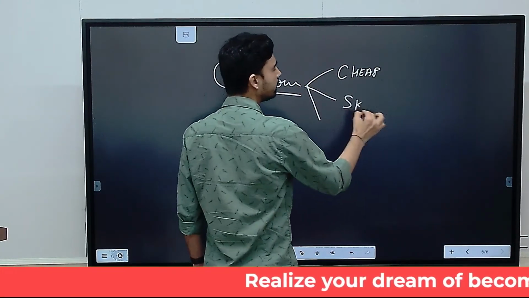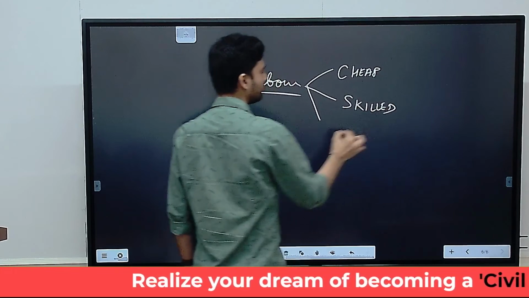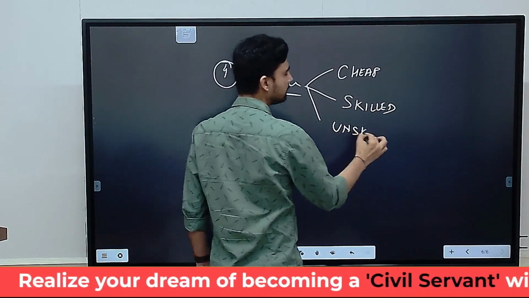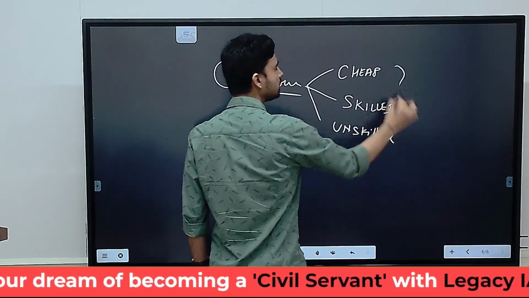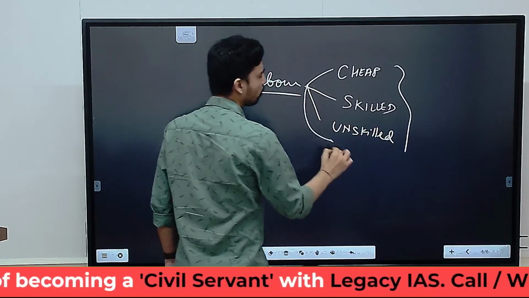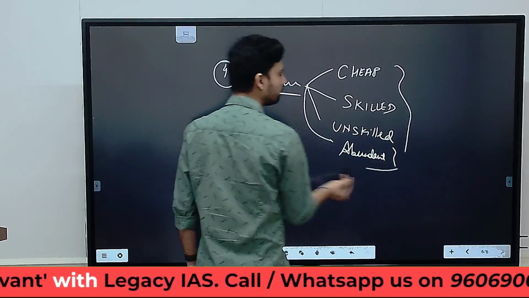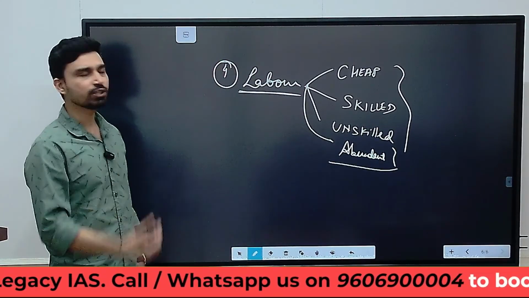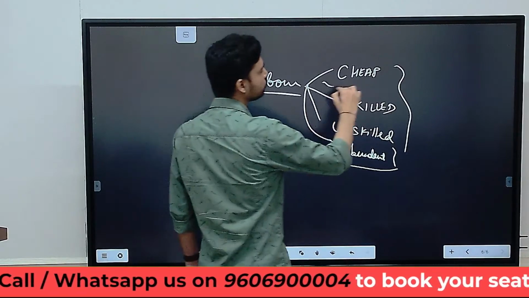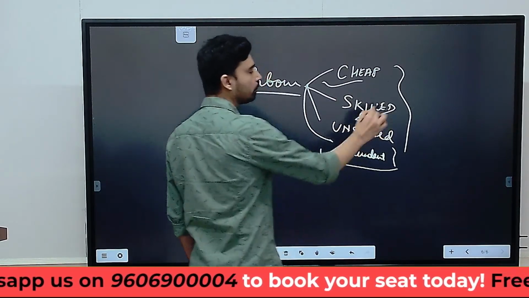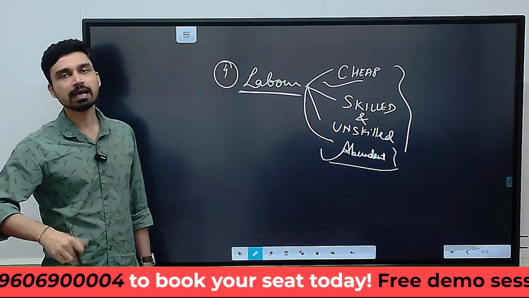Second, many industries require skilled labor. Some industries also require unskilled labor largely. So cheap, skilled or unskilled, or what we can say abundant labor supply, that is when the wages can be relatively lesser. So what is best for industries? Both. We should have cheap labor, abundant labor, and availability of both skilled and unskilled labor.